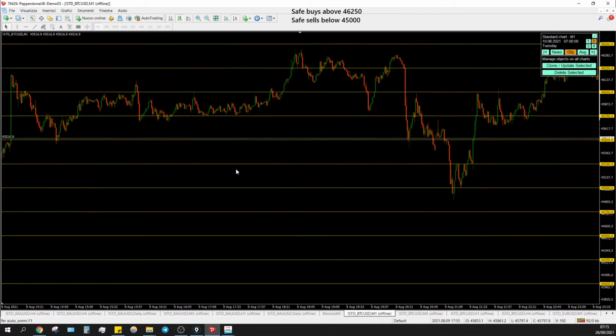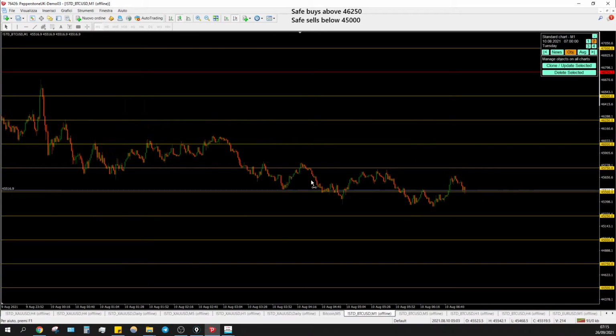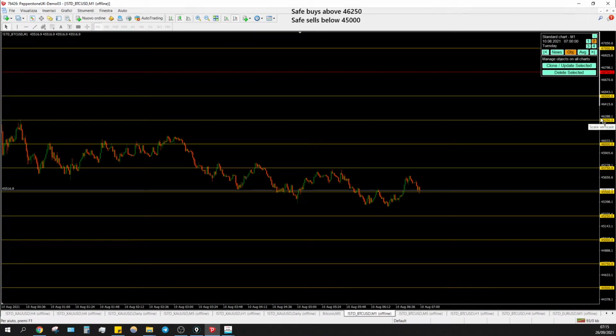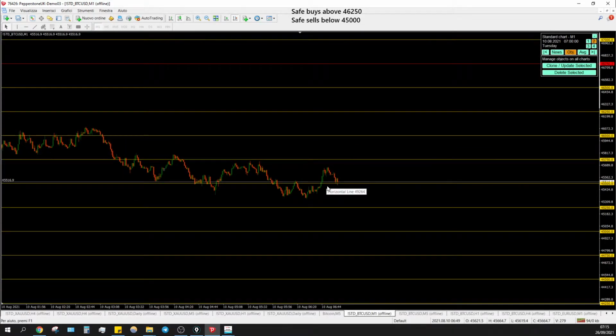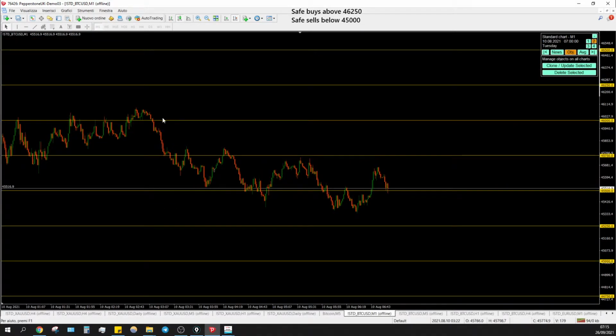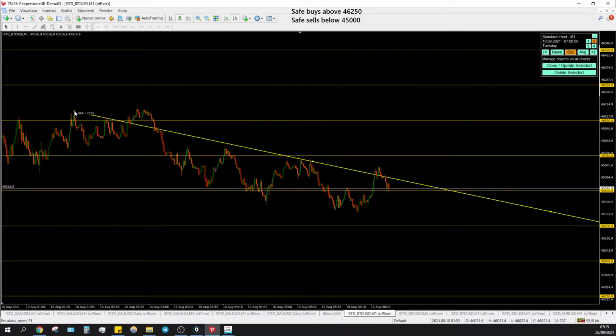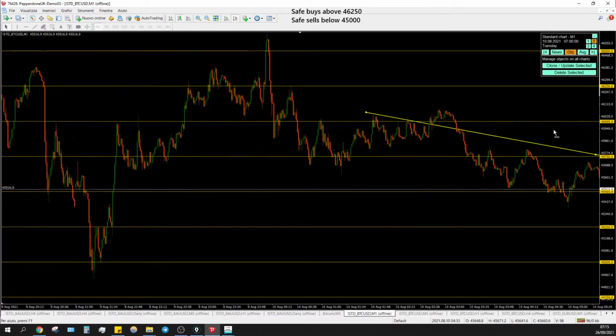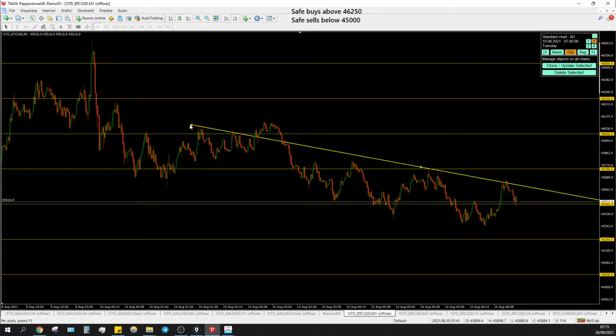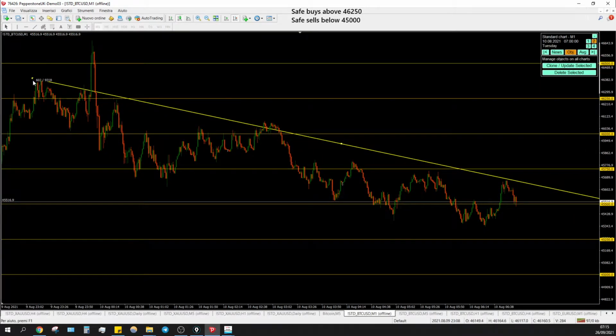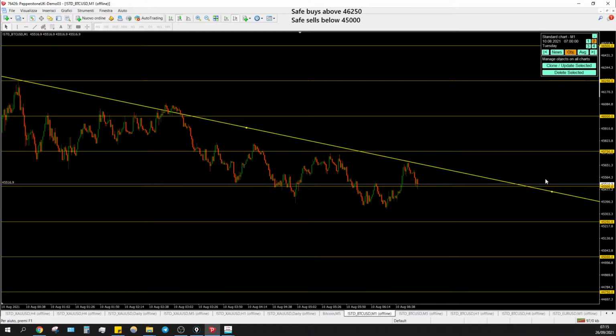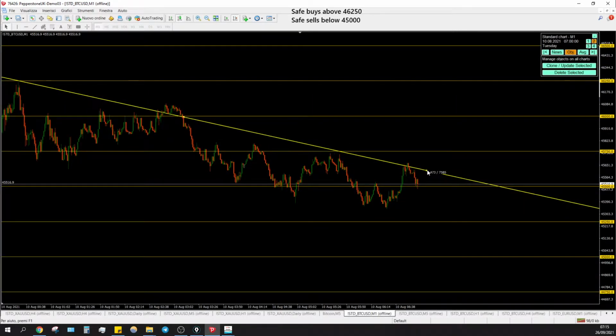Okay. So we have 46 to 50 and 45. As scalpers, yes, we identify this bearish structure being created. If you want to connect more dots, you can connect it, or you can just find your way to make it work.